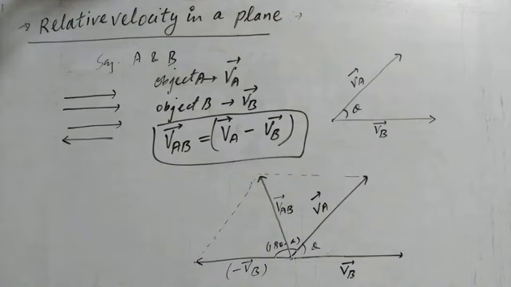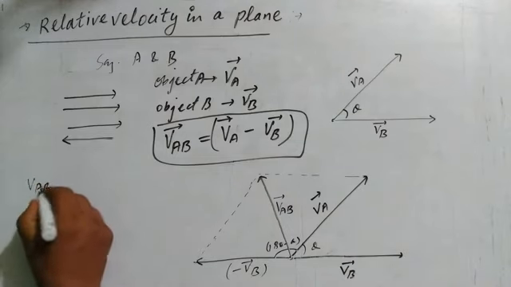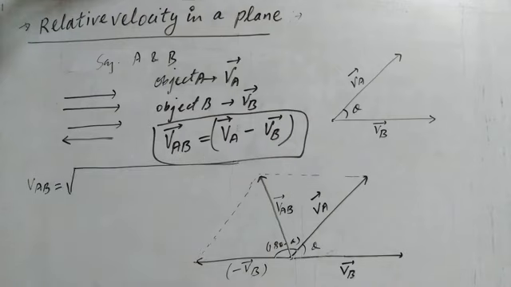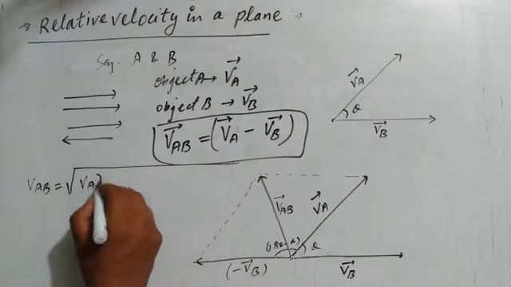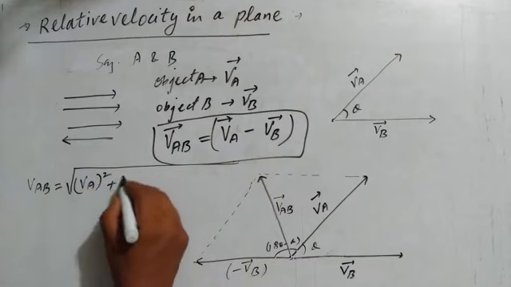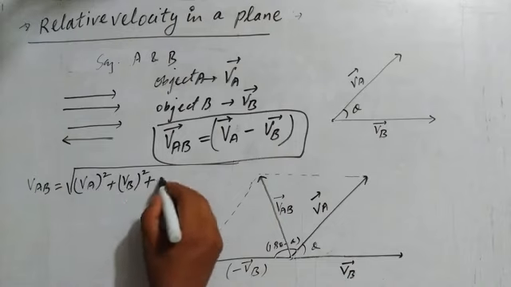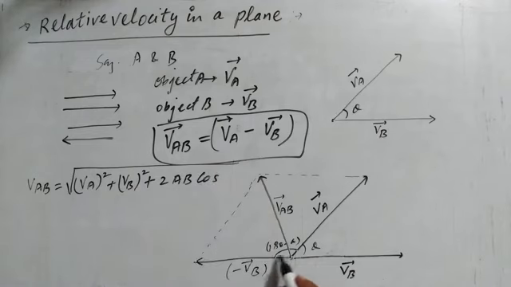But if we have to find the resultant in terms of magnitude, then we will use the general formula VAB equal to under the root VA square plus VB square plus 2 VA VB cos of the angle, and the angle is 180 minus theta.